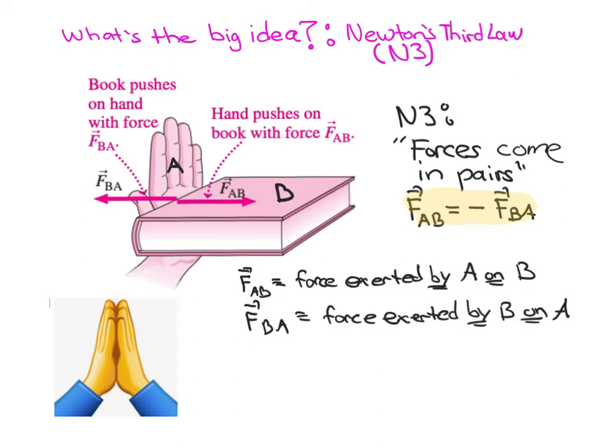With the third law, you should feel that if your left hand is pushing on your right hand, you'll also feel a force from your right hand pushing on your left hand, and you should convince yourself that these forces point in opposite directions, but it's plausible that they have the same magnitude.